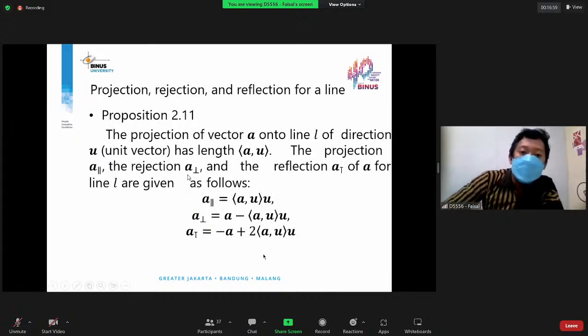So how do we compute using the inner product the projection of A onto line L of direction U, where U is a unit vector? The projection is the inner product between A and U times the vector U. So we multiply the inner product of A and U with the unit vector U.